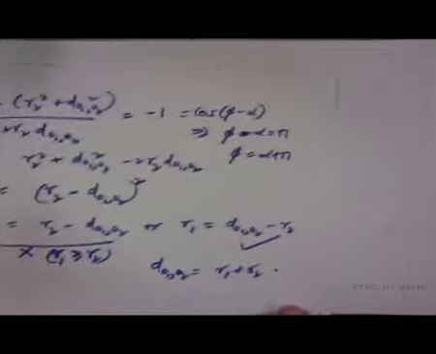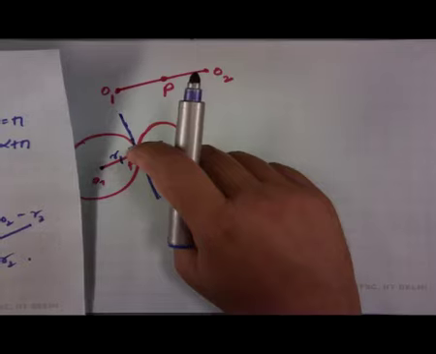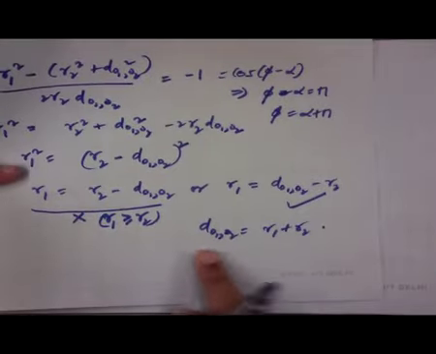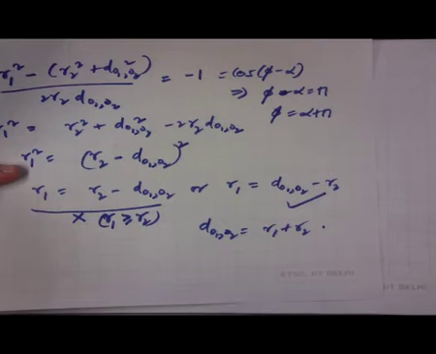So, what we have shown is that if the two circles touch externally, then it must be true that the distance between the centers is R1 plus R2. This we have just shown rigorously.